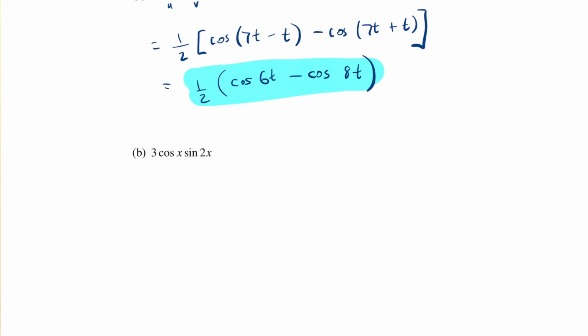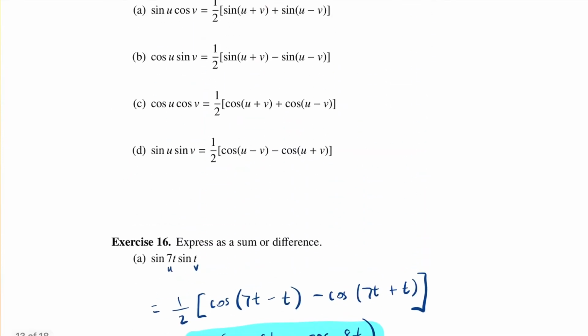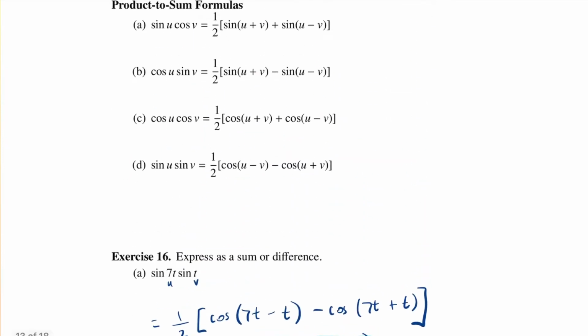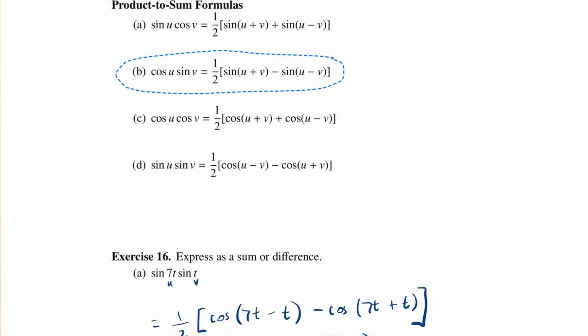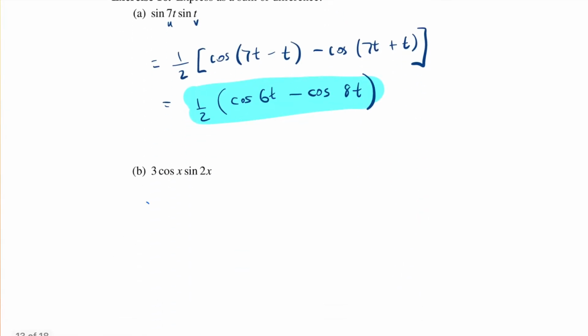All right, same thing with this problem. So we've got to figure out which formula applies. Cosine times sine would be this part B. So let's go ahead and apply that formula now.